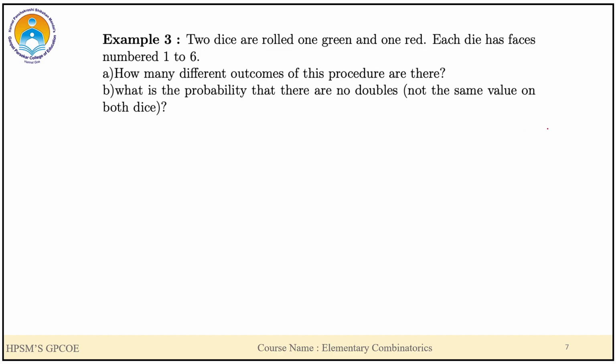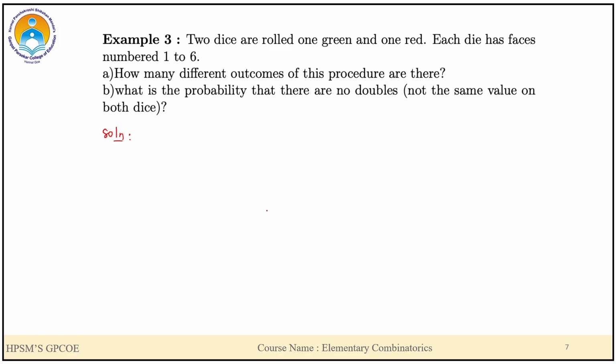No doubles meaning we should not have the same number on both dice when we roll them. Now what will the procedure be? The procedure here is rolling of dice. There are two dice, one green and one red. So rolling the green die will be the first part and rolling the second die, that is the red die, will be the second part. So we are breaking this procedure into two parts.